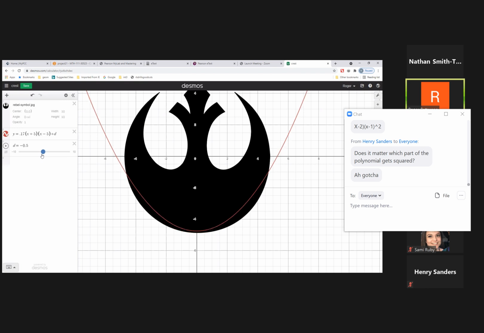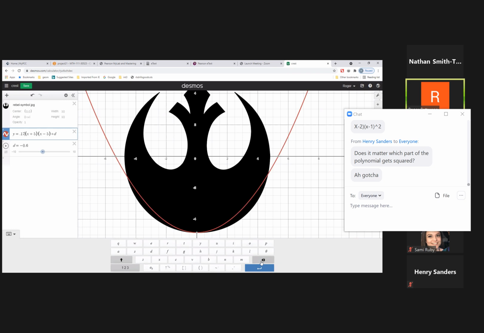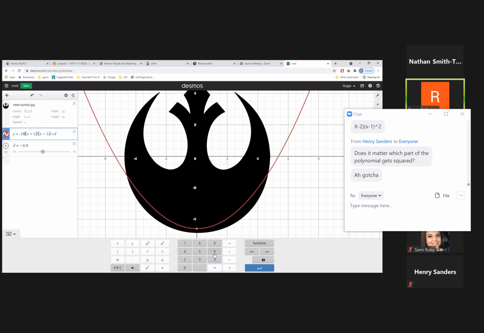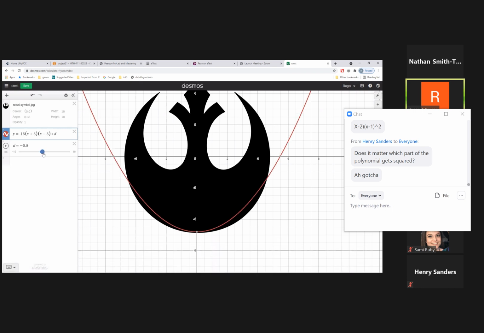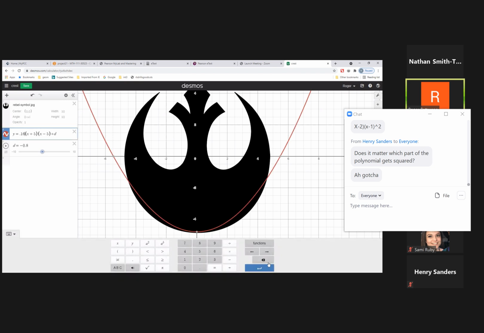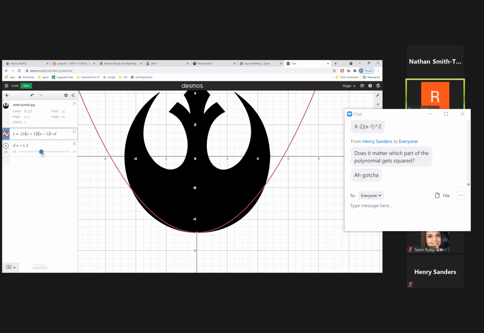Now I'm going to get pretty close to where I want it. Maybe I just need to alter this a little bit. Maybe make it a little wider. Then alter this a little bit more, and alter this a little bit more, until I kind of get what I want.